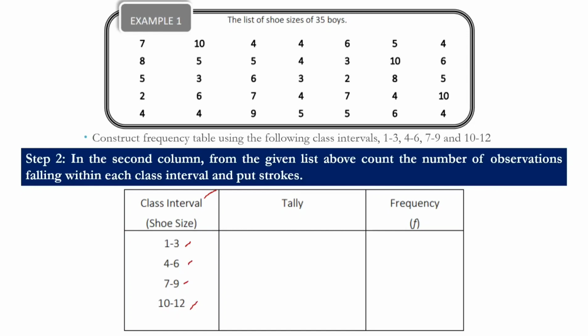So to tally, we just have to look at the data and then put a stroke on the interval it belongs to. In this example, our first data is 7.